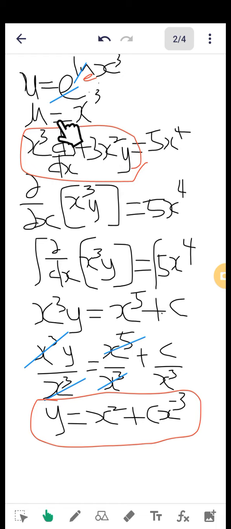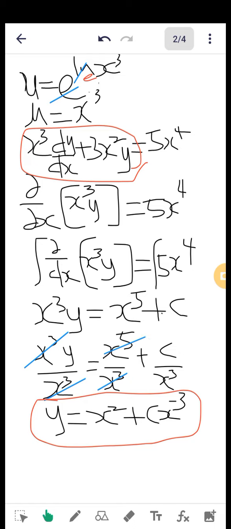So we can replace the whole of this by x cubed y. Then we integrate the whole function. Since it has already been differentiated, when we integrate it we get only the terms within, that's x cubed y. Then we integrate the right hand side, getting x exponent 5 plus c.